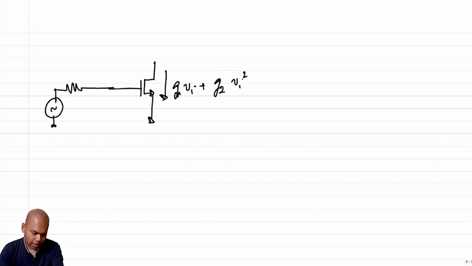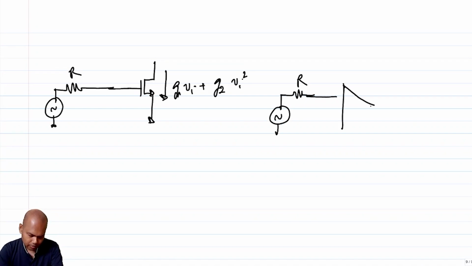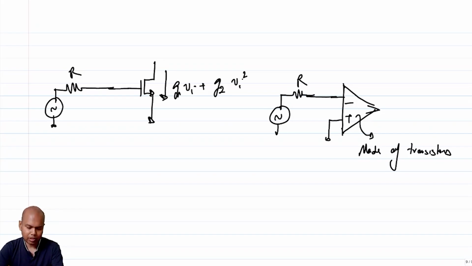But now let's say I make an op amp, and this is again R, this is R, and I put it in negative feedback. Now note that this op amp is also made up of transistors which are nonlinear, but let's assume that the op amp has very high, infinite gain.